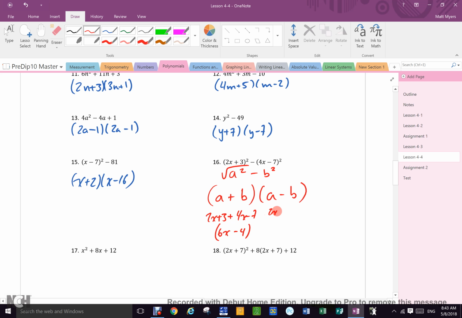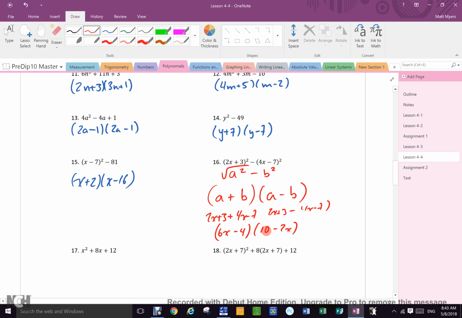A, 2x plus 3 minus 4x minus 7. What's 2x minus 4x? Negative 2x. What's 3 minus minus 7? 10. 10, and 2 minus 4x was negative 2x, right?